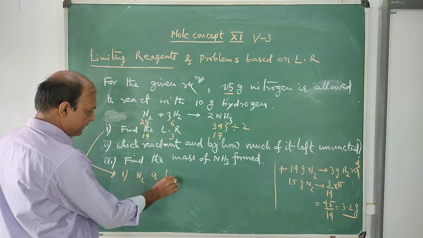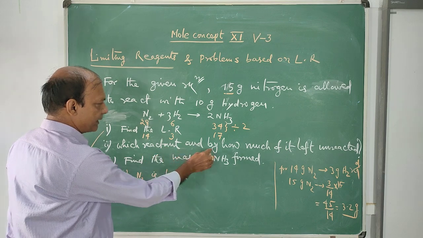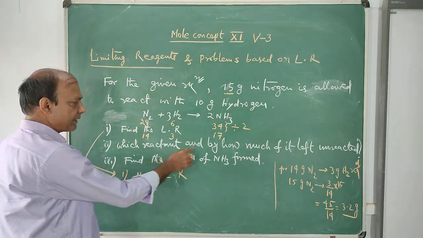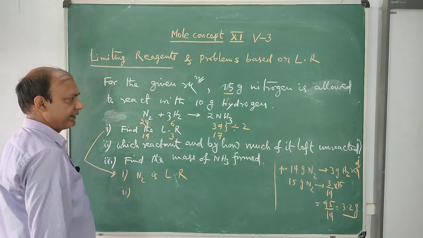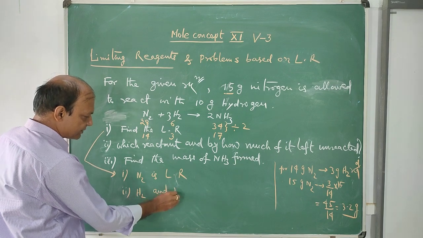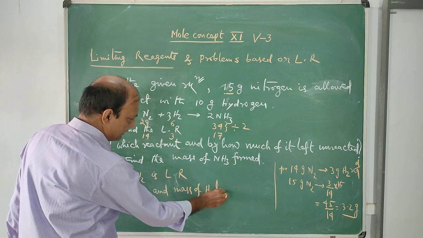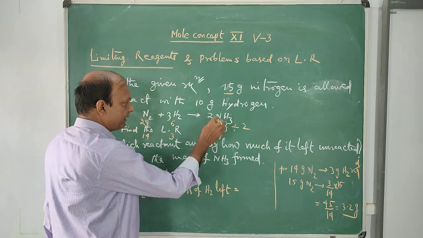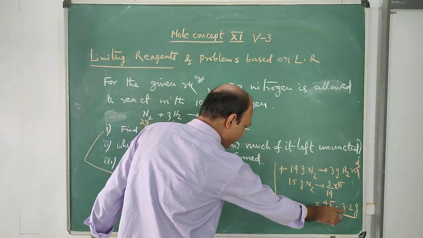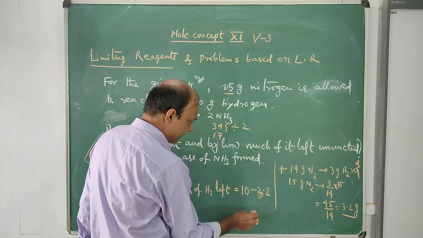Nitrogen is the limiting reagent. Number 2, which reactant and by how much of it is left unreacted? The reactant is hydrogen, and the mass of hydrogen left is equal to 10 grams taken for the reaction, but only 3.2 gram reacted.